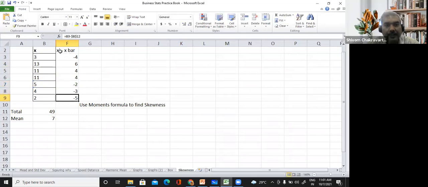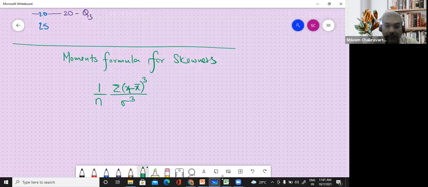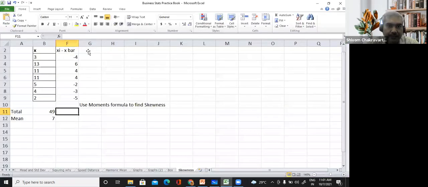So we have all the xi minus x bar, and we can sum that. No, we need the summation of the cube of those, so first we should cube them.